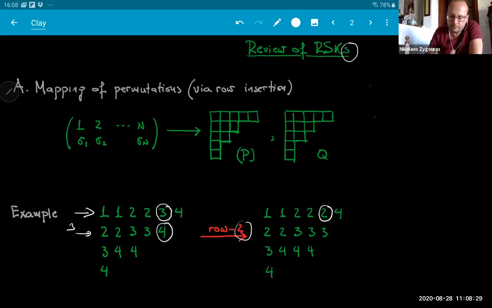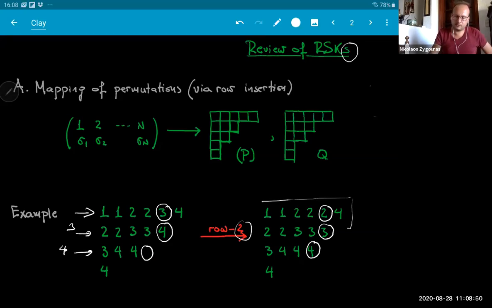In this case, it's 4. It's going to replace it. 4 is going to be inserted in the next row until it finds a number which is strictly greater than itself. But there is no number strictly greater than itself. So eventually it's going to end up at the end of the row. And in this case, it's going to provide a new Young tableau.